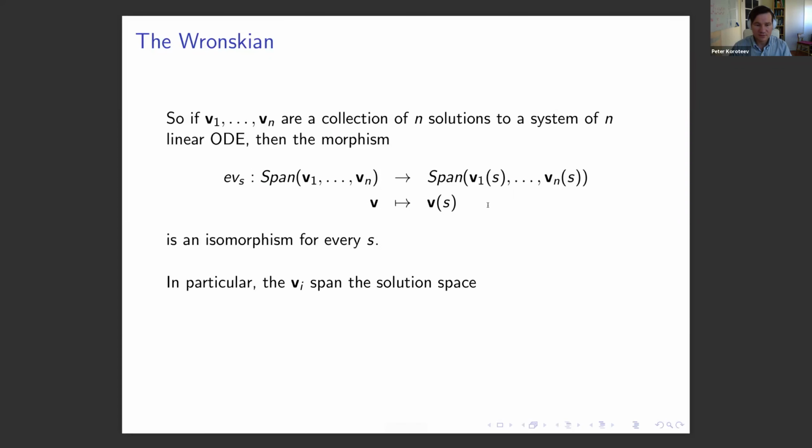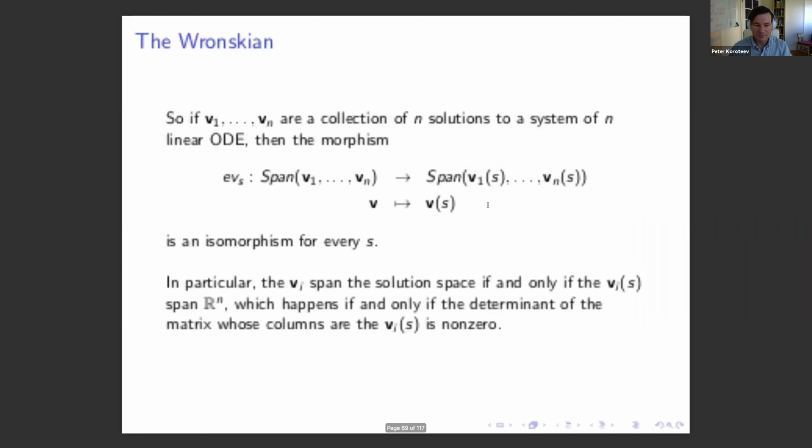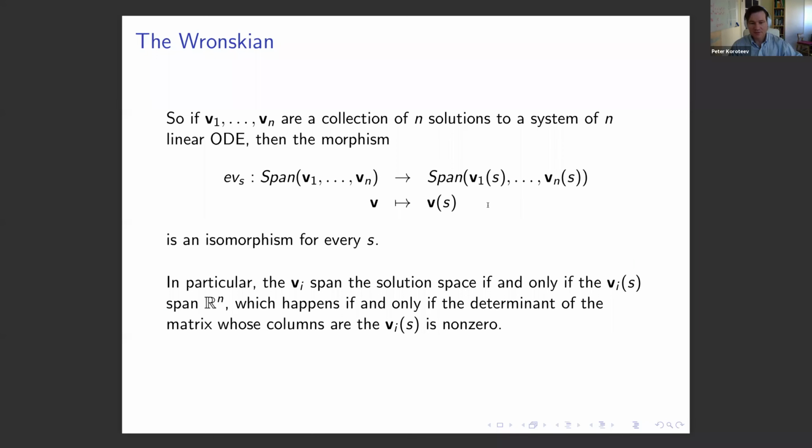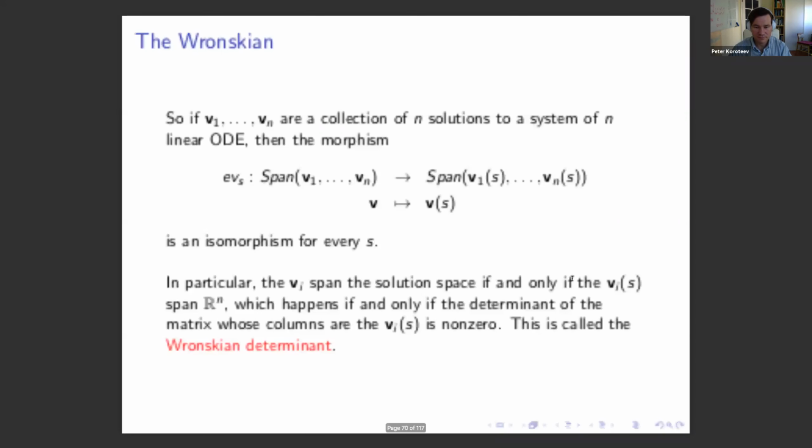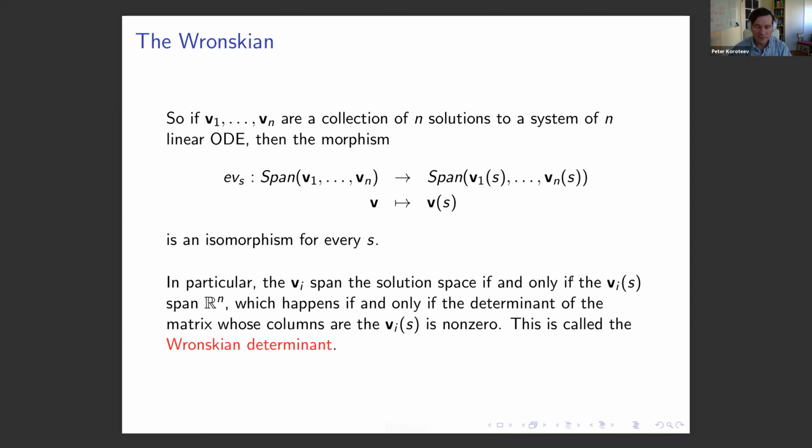In particular, these vi span the solution space if and only if the vi of s span Rn, which happens if and only if the determinant of the matrix formed by columns vi of s is non-zero. So you write down those vectors, put them into a matrix, and this will give you the Wronskian determinant of the corresponding system of equations.